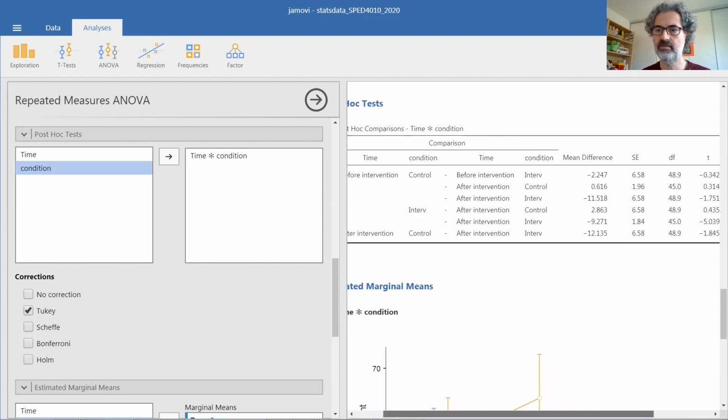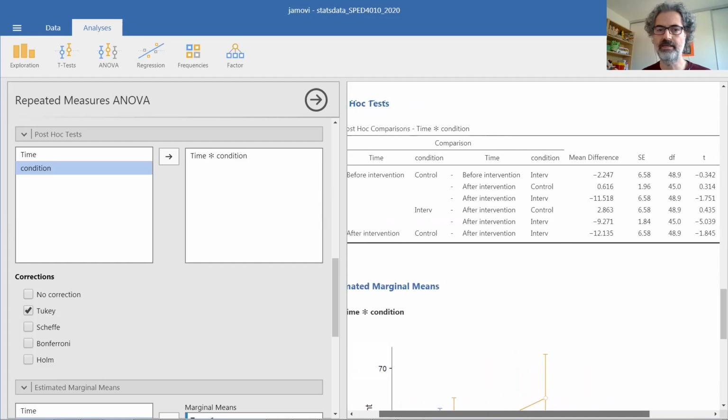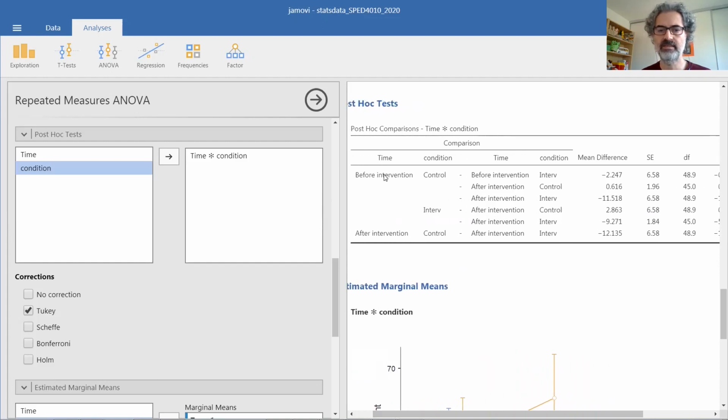To read this table, we need to see that each line is a comparison between a pair of cells, a pair of combinations. So before intervention control compared with before intervention group. Before intervention control group compared with after intervention control group. Before intervention control group compared with after intervention group, and so on.